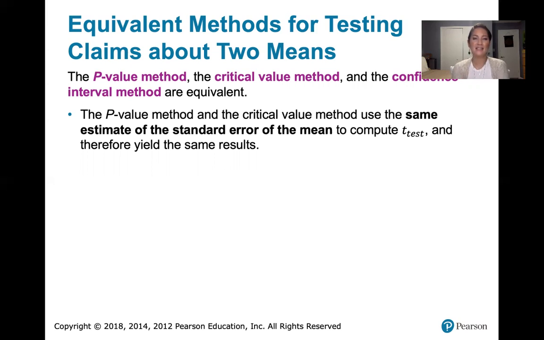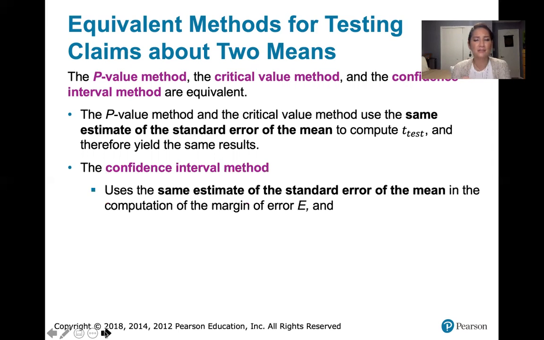And this statement here just says that one of the reasons that that's true is that both the critical value method and the p-value method are using the same standard deviation in their formula to compute that test statistic, and therefore we get the same results.